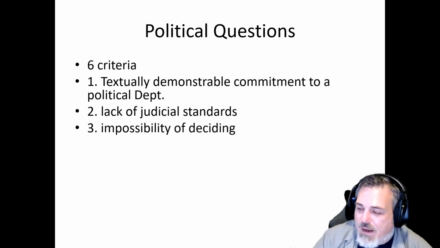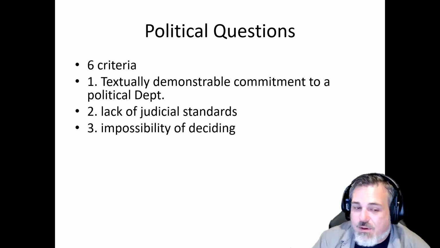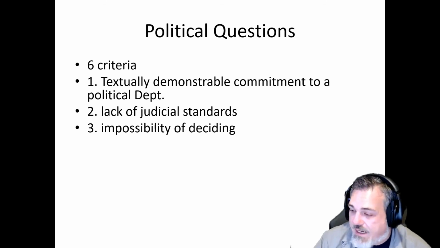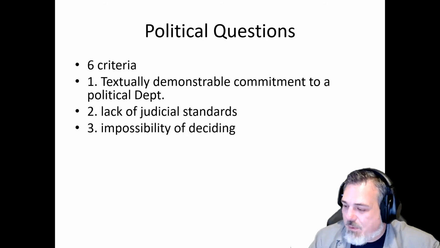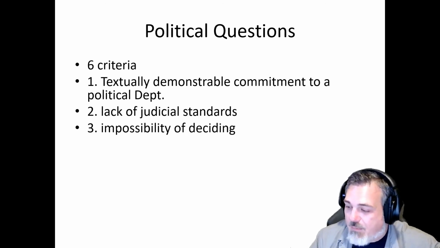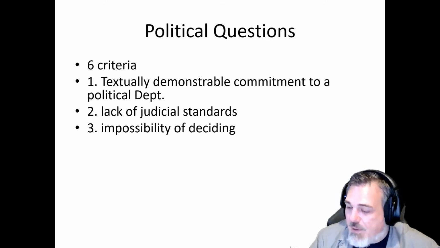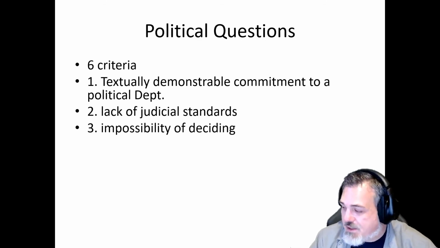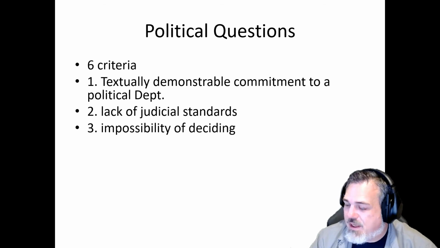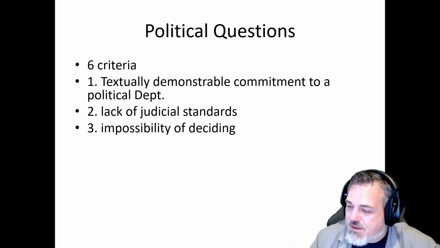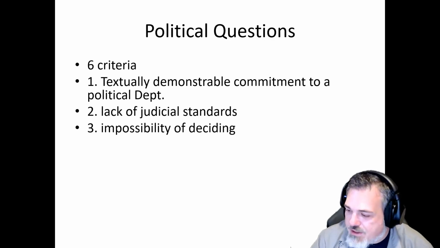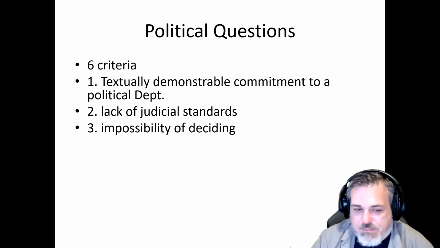If, and my favorite of the list of 6, if there is an impossibility of deciding. Let's say, for example, the Supreme Court was thrown the outcome of an election and asked to resolve it. That might be an impossibility of deciding circumstance, but we can totally look back at our history and see a circumstance where the Supreme Court absolutely did decide the outcome of an election, and so who knows?